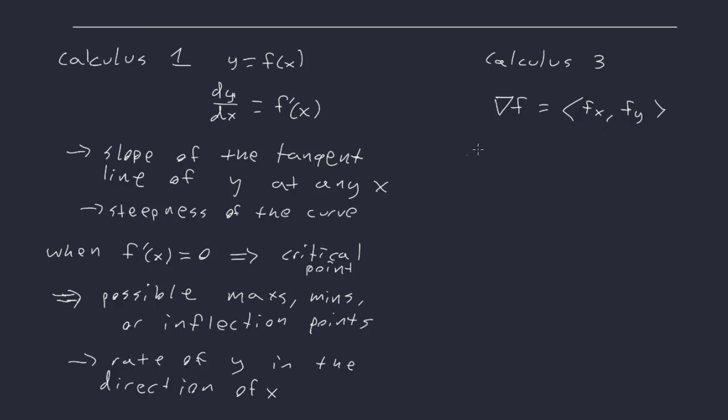But this is the analog of f prime, just in 3D or multiple dimensions. So everything we know about the derivative is going to be essentially true for the gradient versus the partial derivatives themselves.